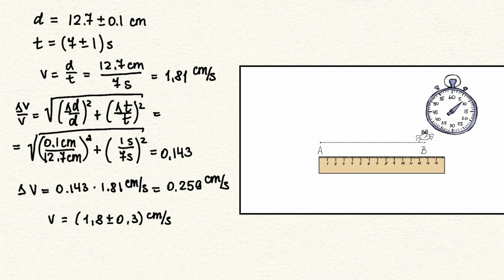All right, now let's go crazy and do another example. Example 3. In this example, we're going to calculate kinetic energy of a moving object and its uncertainty. So we know that kinetic energy is mass times v squared over 2.